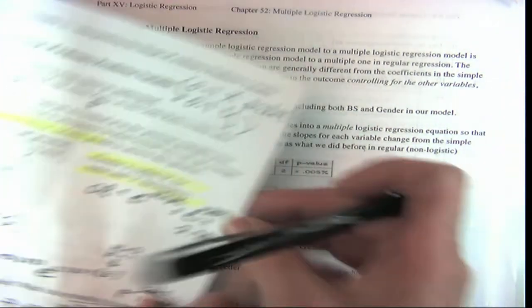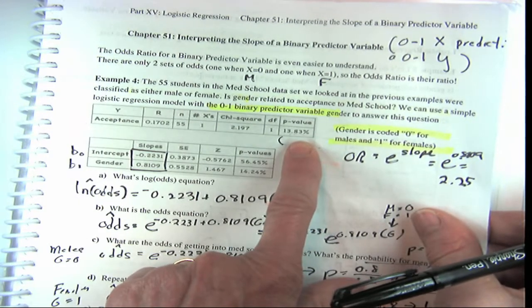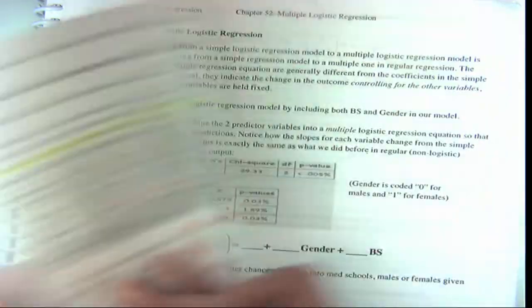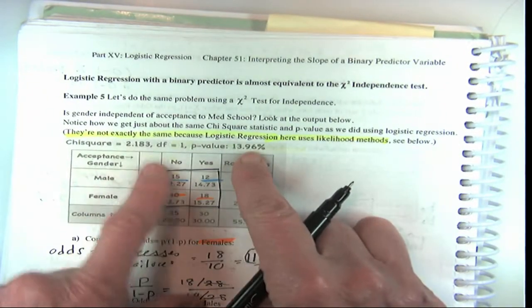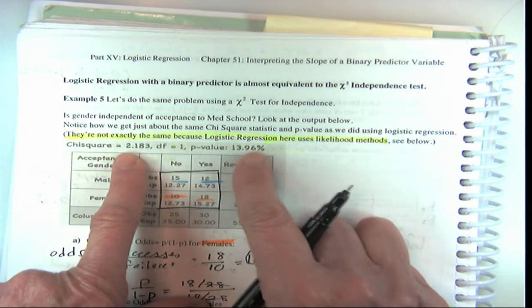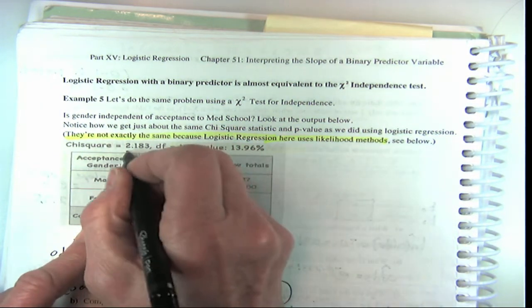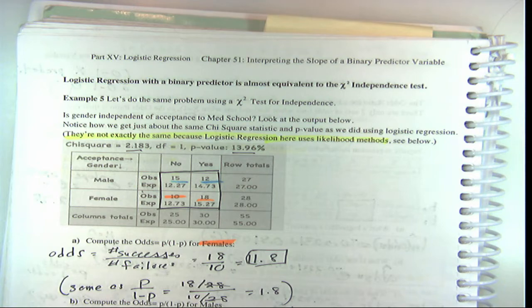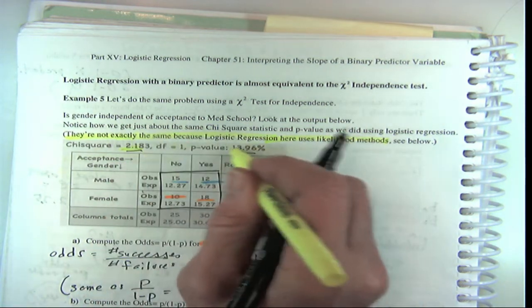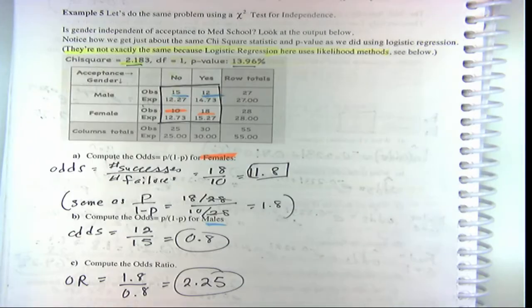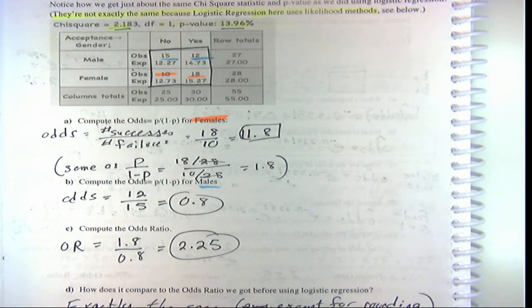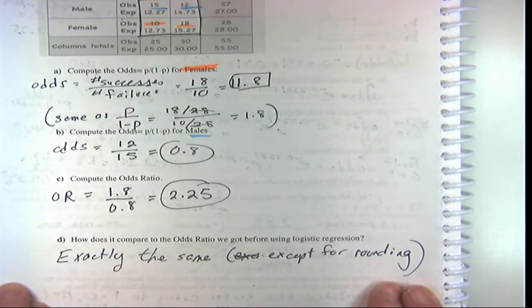So this is 13.83 and 2.197. And here we have 13.96 and 2.183. So that's why they're not exactly the same. But the odds ratios are. They're always exactly the same except for rounding.